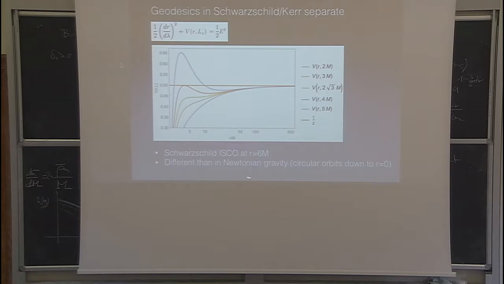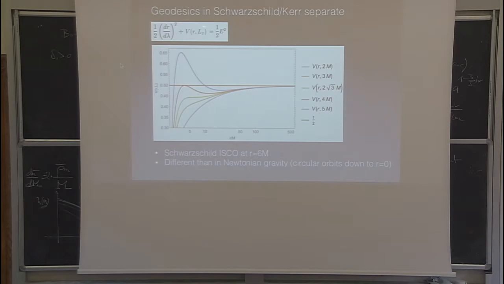This is done in most textbooks. I don't have time. The radius at which your circular orbit lies depends on the orbital angular momentum. There is a term in this potential that depends on the orbital angular momentum, because it is essentially a centrifugal force term. If you've never seen this, you can find it pretty much in any textbook, or you can derive it yourself.